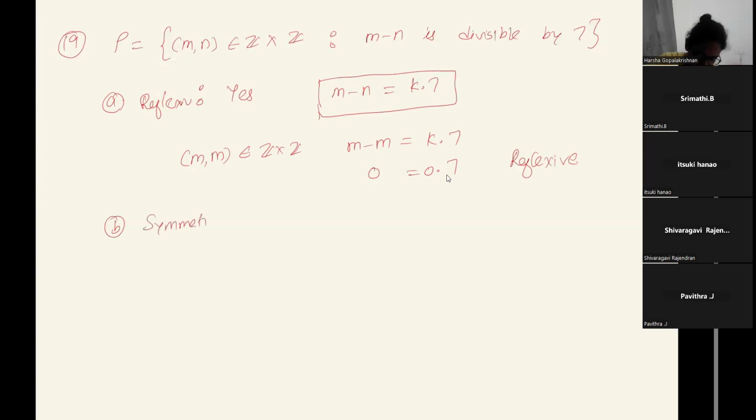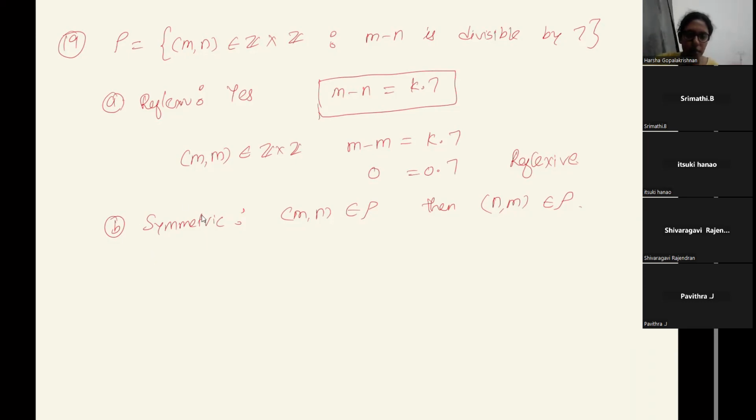What does the symmetry condition mean? If (m, n) belongs to rho, then (n, m) should belong to rho, right? What you said is antisymmetric: if (m, n) and (n, m) belong to rho, then m equals n.